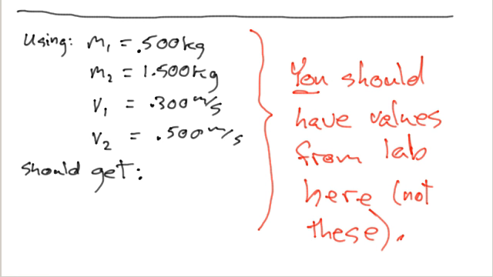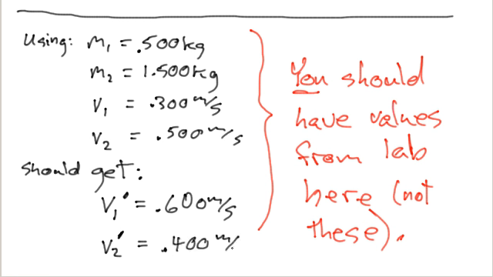Alright, when I evaluate it by hand, I get V1 prime equals 0.600 meters per second, and V2 prime is equal to 0.400 meters per second. And let's see, this makes sense. The one in the lead got sped up.